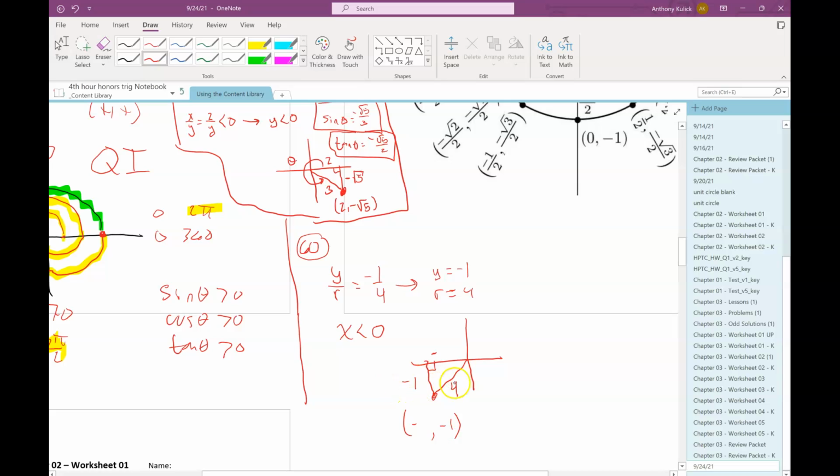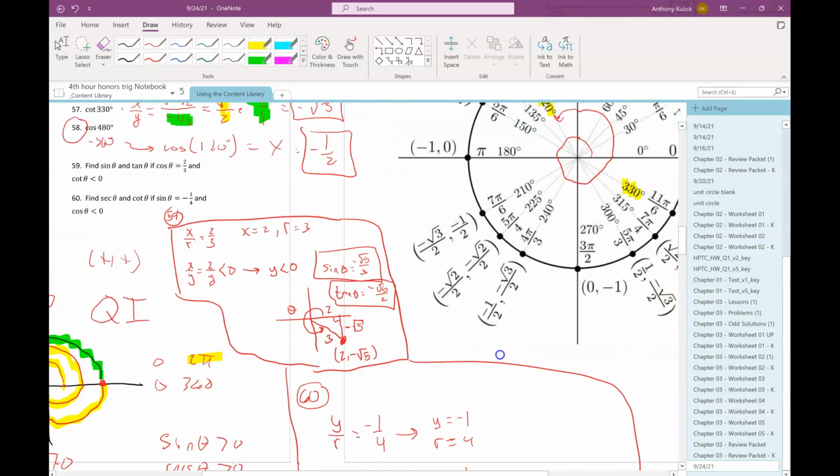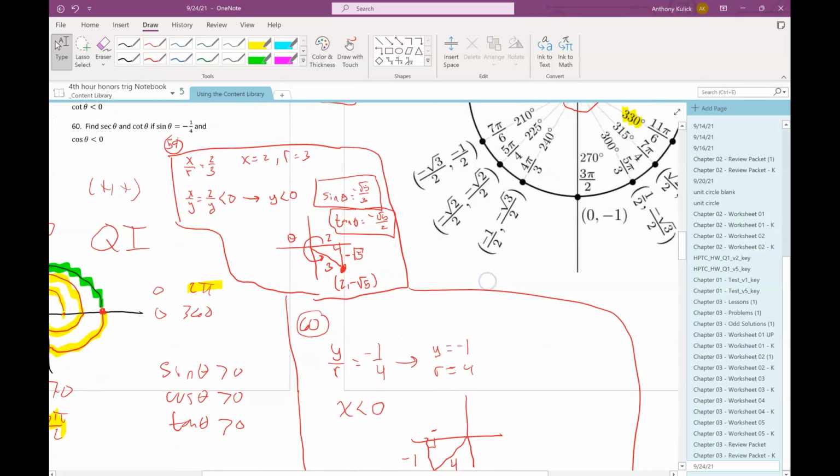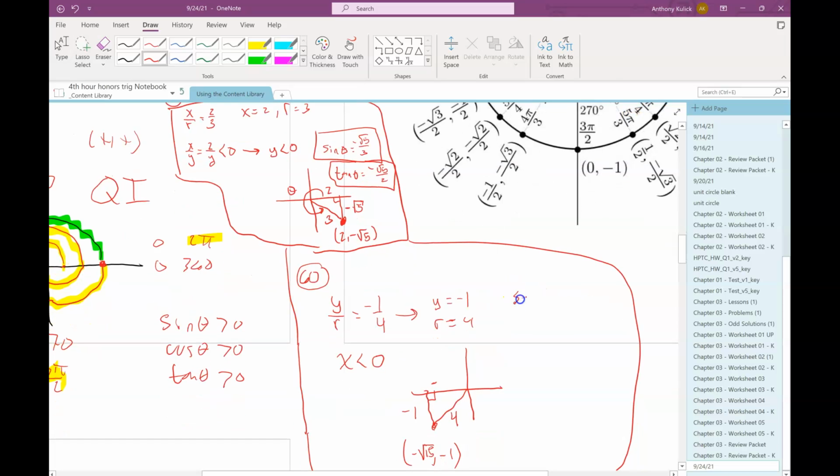So I can do the Pythagorean theorem to find this third side length. So 4 squared equals negative 1 squared plus x squared. So that's just going to be the square root of 15. And now I have everything I need to answer the question, which was secant and cotangent.